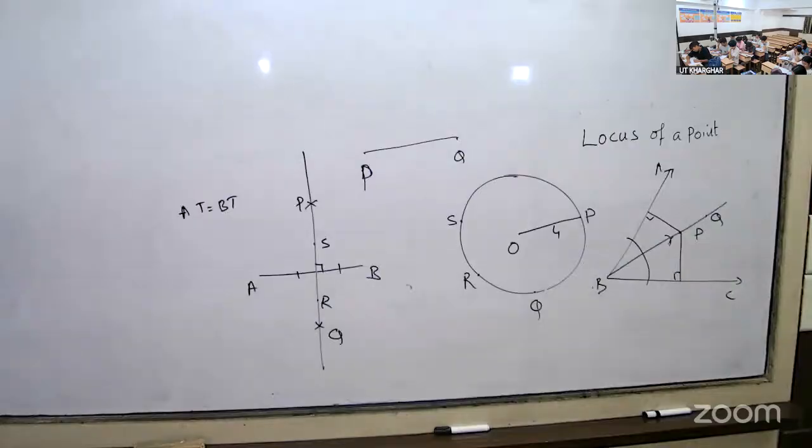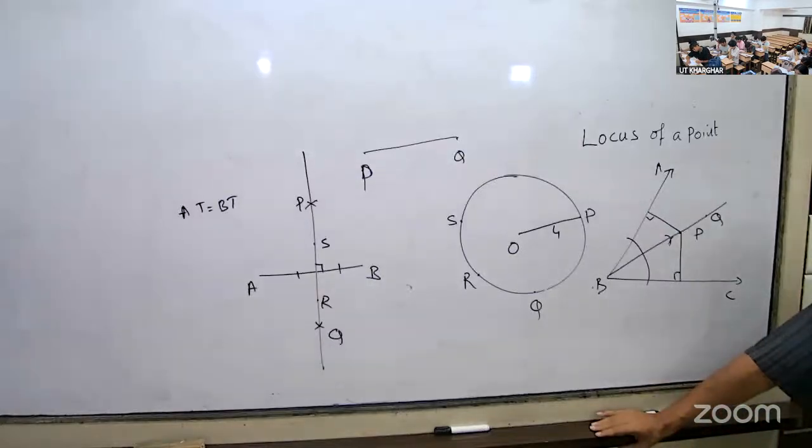I repeat, the locus of a point equidistant from two given points is the perpendicular bisector of the line segment joining the two given points. I will give the question, don't worry.